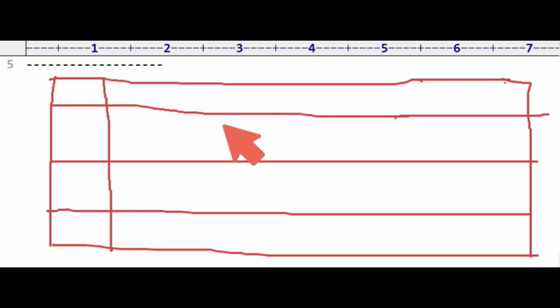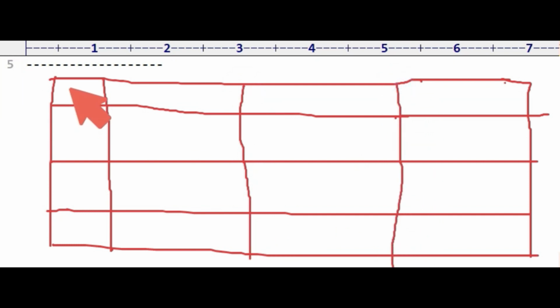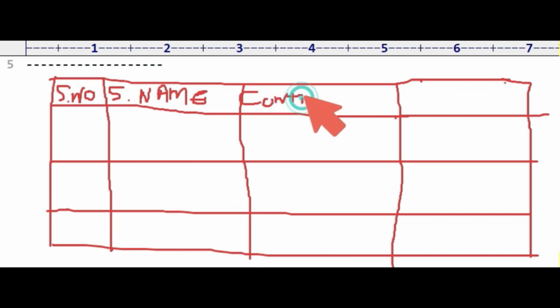These are the columns. For example, this is the serial number. This is the student name. This is, for example, contact number, and this is address.